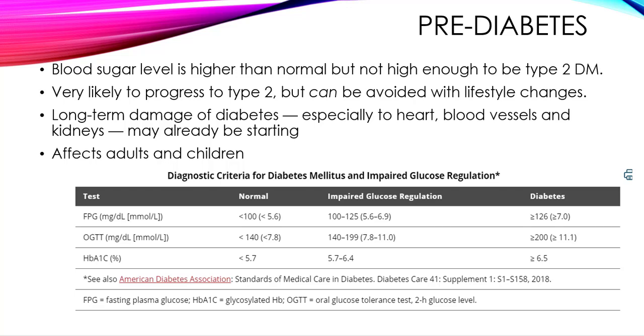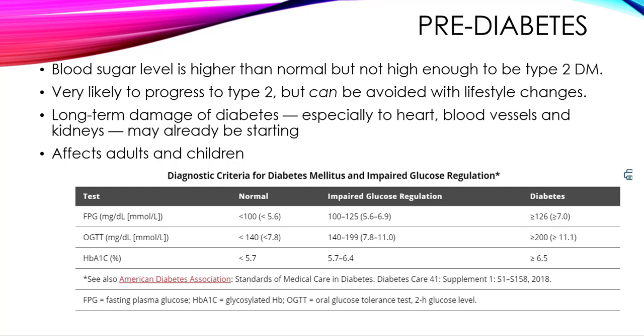It's still very important that patients receive a lot of information and start doing something about it, because prediabetes is very likely to progress into type 2 diabetes, and because it can be avoided with lifestyle changes.